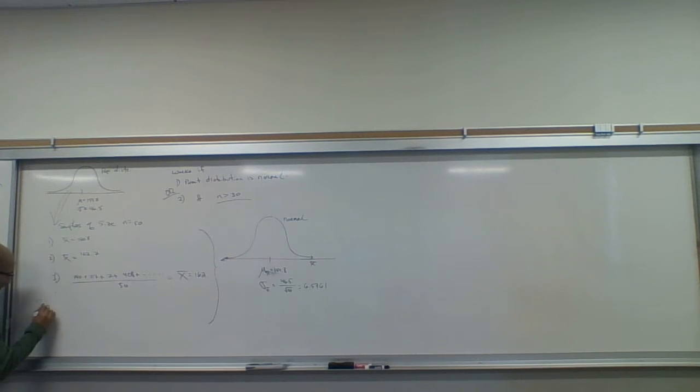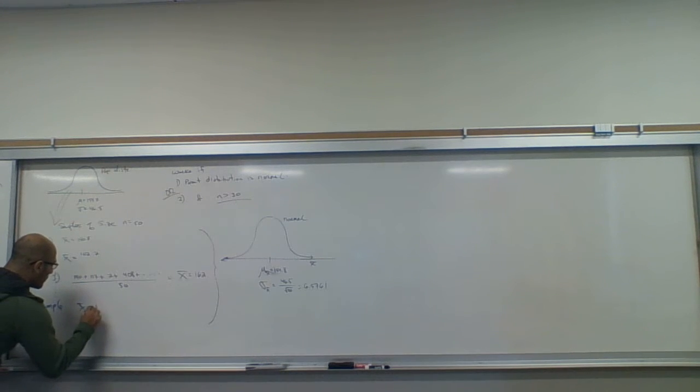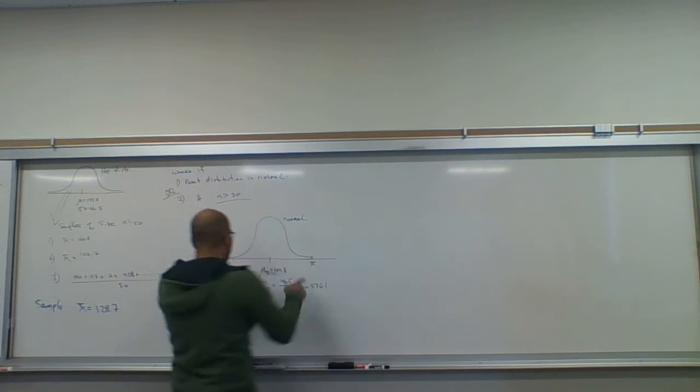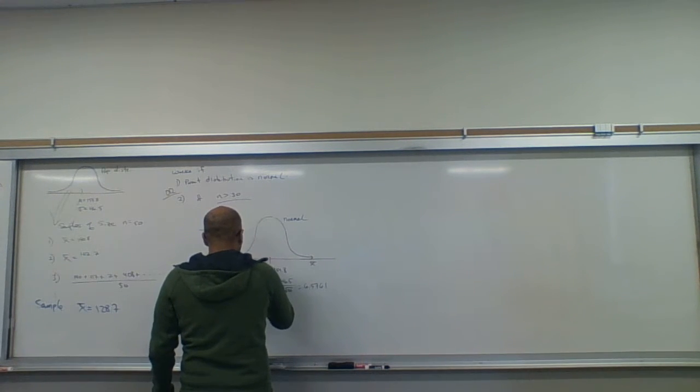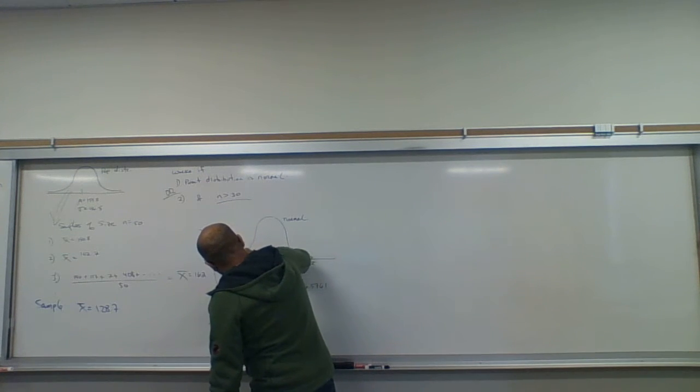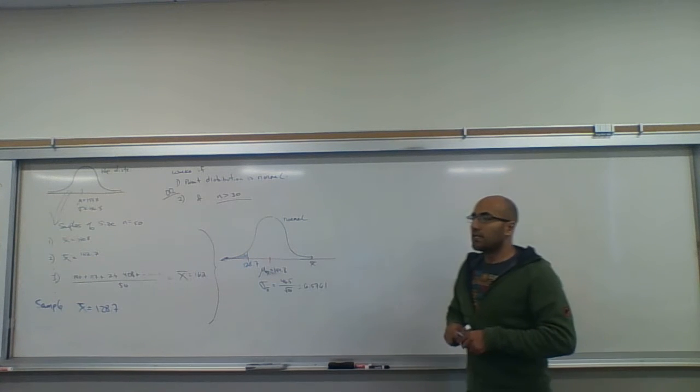Our sample had x bar equal to 128.7. So that's a dot right here. Here it is, 128.7. I want to know the likelihood that we would get that over there.